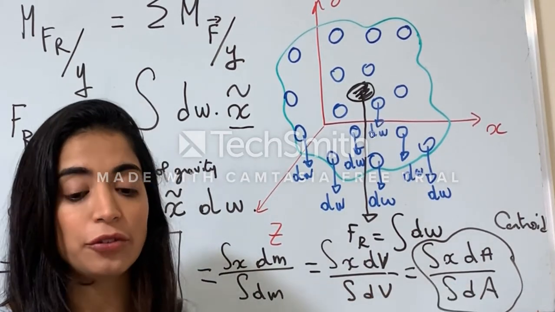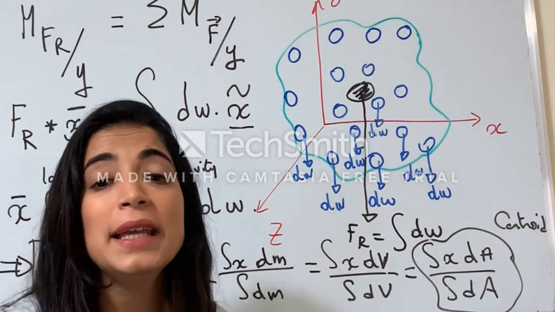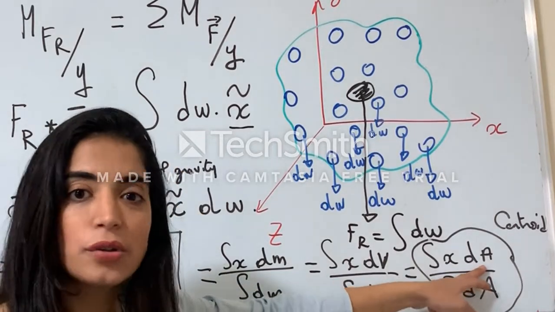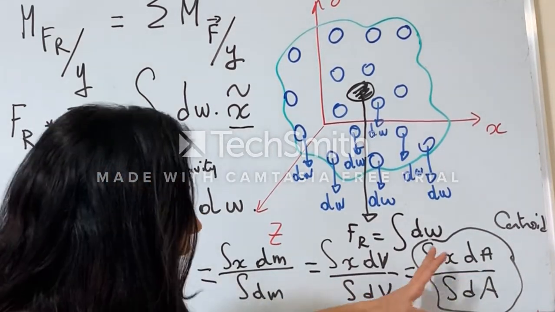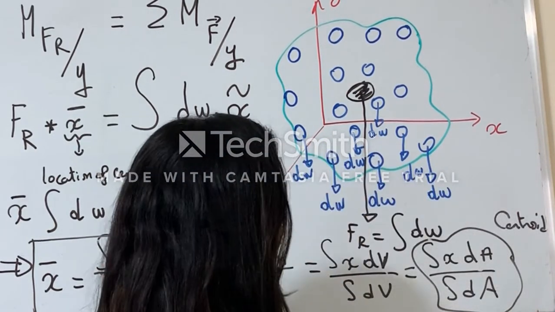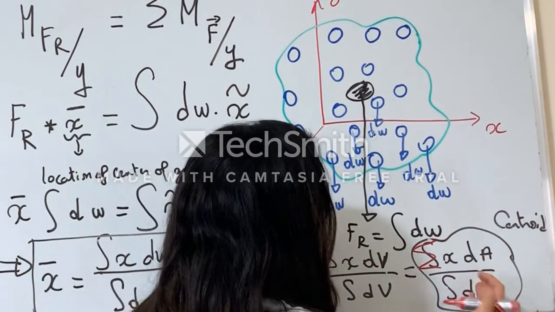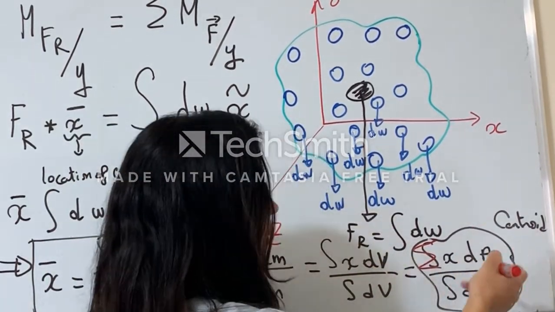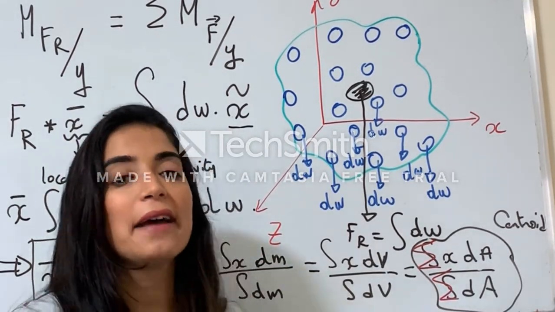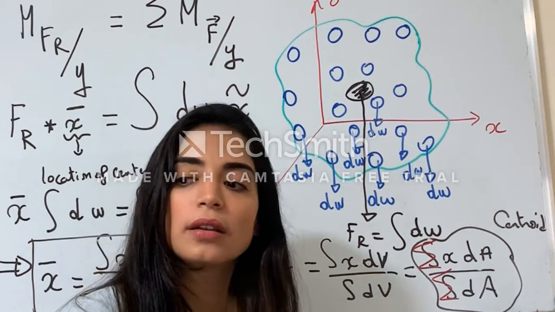This is, guys, the equation that we will use in order to find our centroid. Now, guys, this integration could be replaced by the sum if I have some regular area. So I don't have to do the integration. I can replace this integration by the sum of x times A over the sum of A, if I have some regular shapes, and this is, guys, our concern in this chapter.